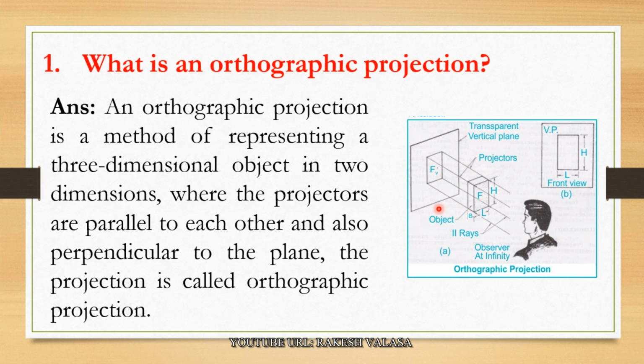The projection is called orthographic projection. You can see this image. Here the projectors are parallel to each other and perpendicular to the corresponding plane, that is the vertical plane. So this type of projection is called orthographic projection.